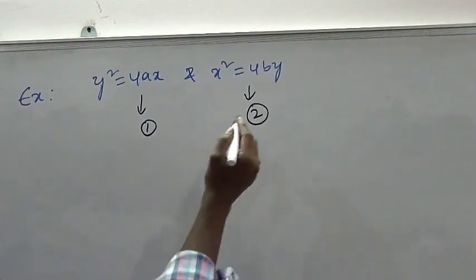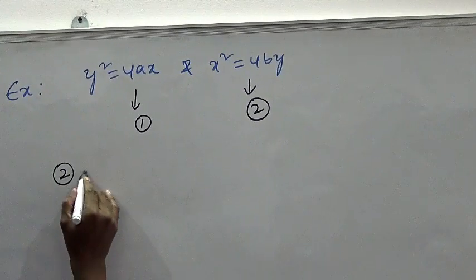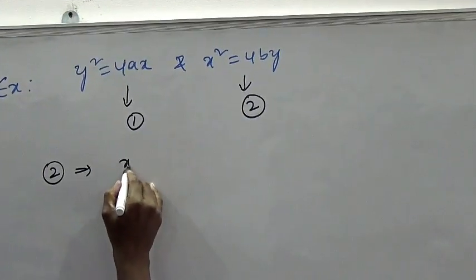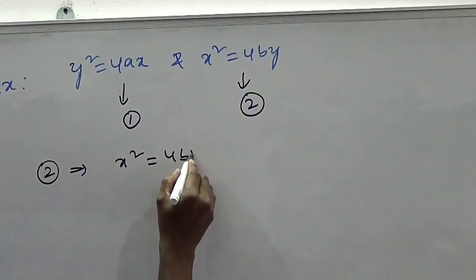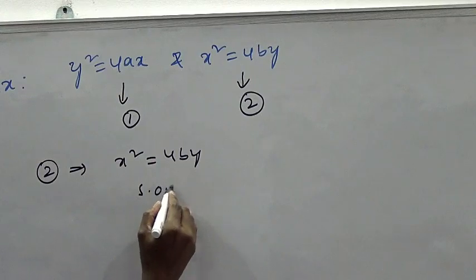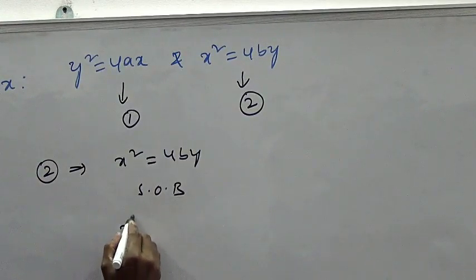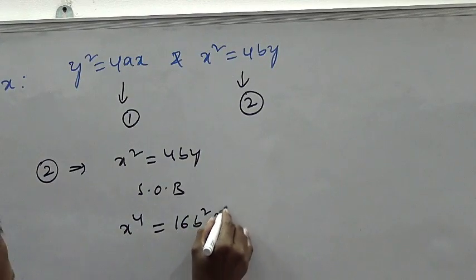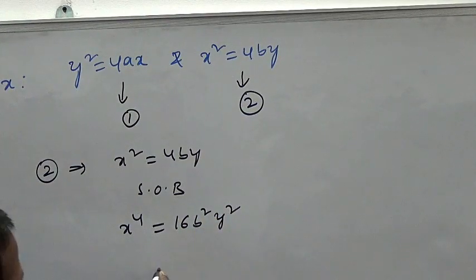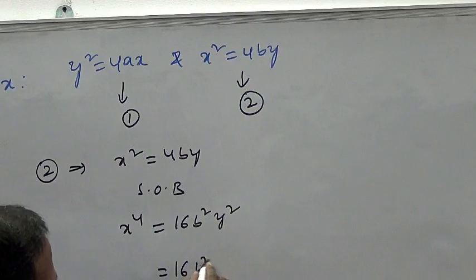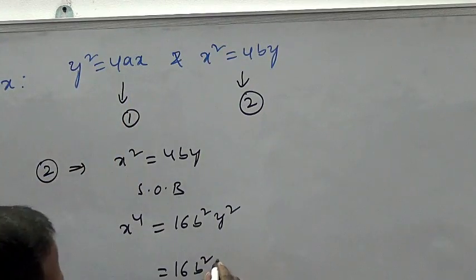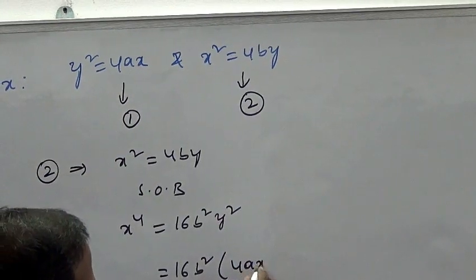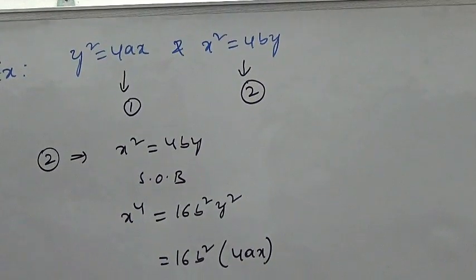So from 2, x square equal to 4by. Squaring on both sides, you will get x power 4 equal to 16b square y square. Now this is equal to 16b square times y square. What is the value of y square? 4ax, since y square equals 4ax.